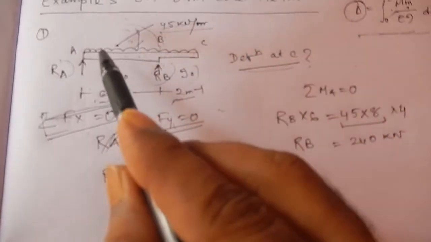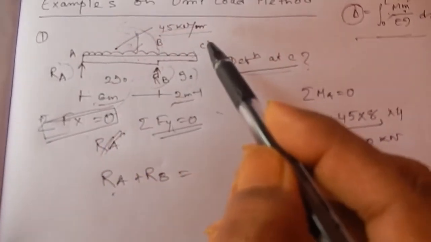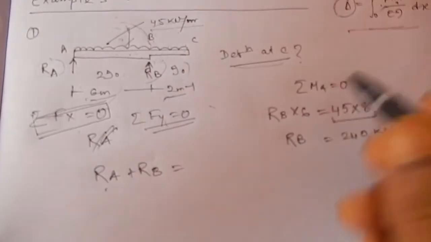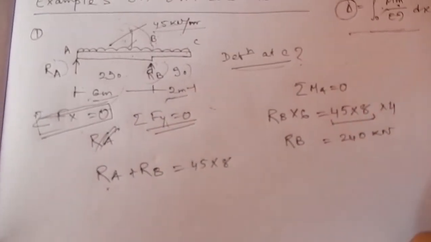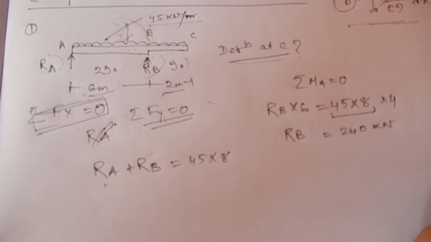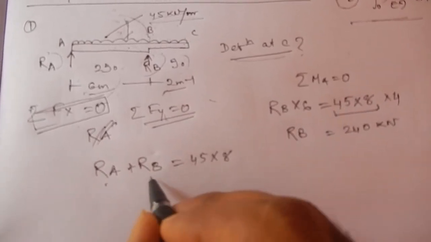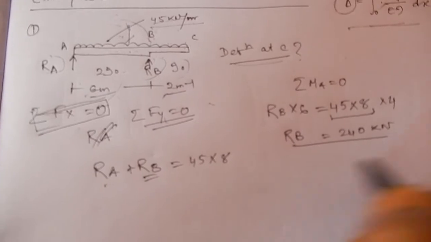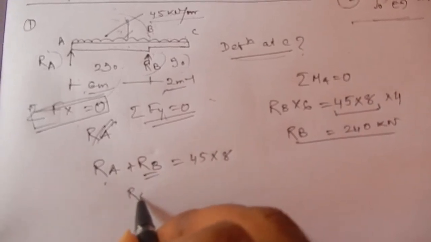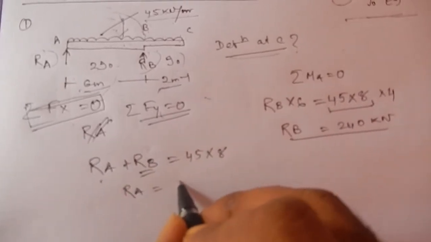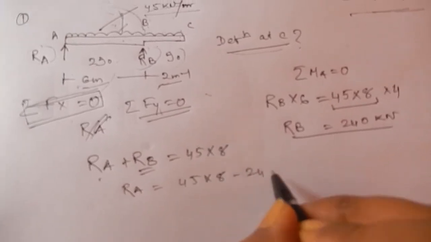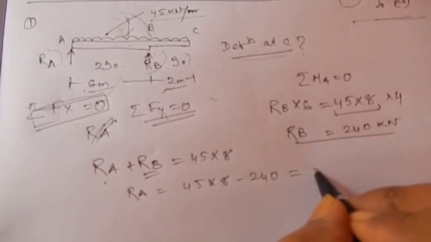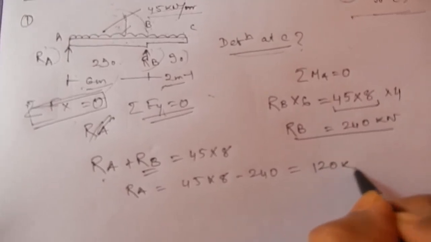So what is the downward force? 45 multiplied by that length. And if you put the value of RB equal to this, you will be getting RA equal to 45 multiplied by 8 minus 240, that is equal to 120 kilonewton.